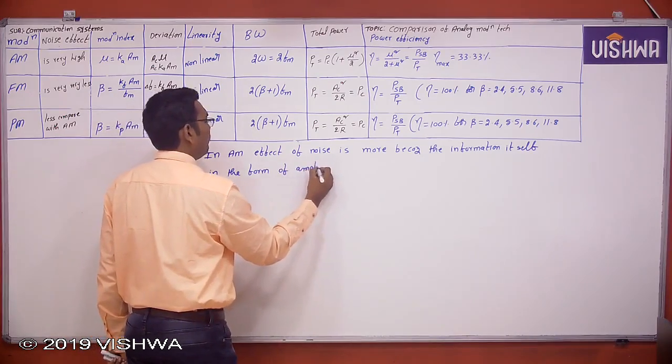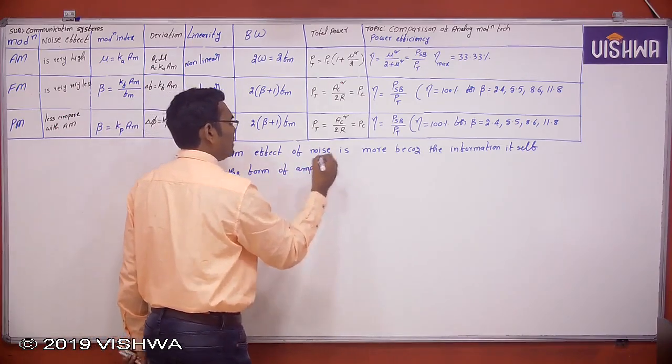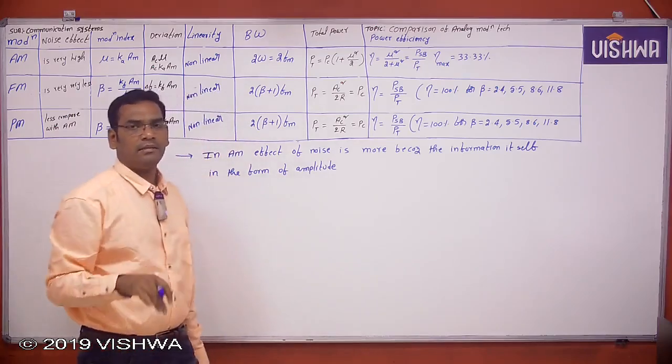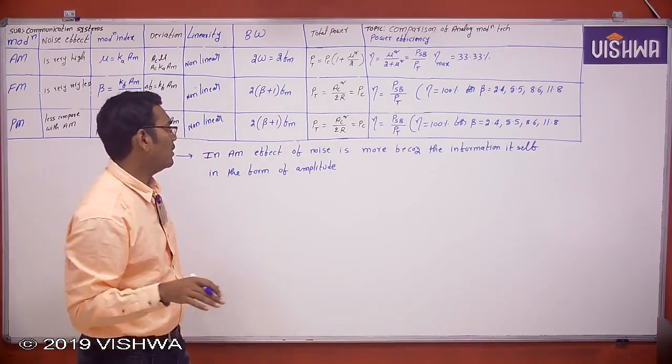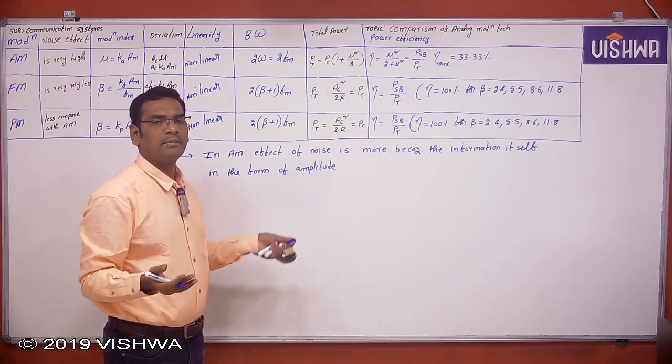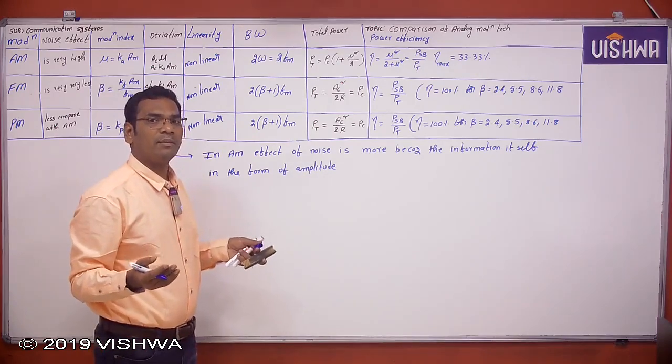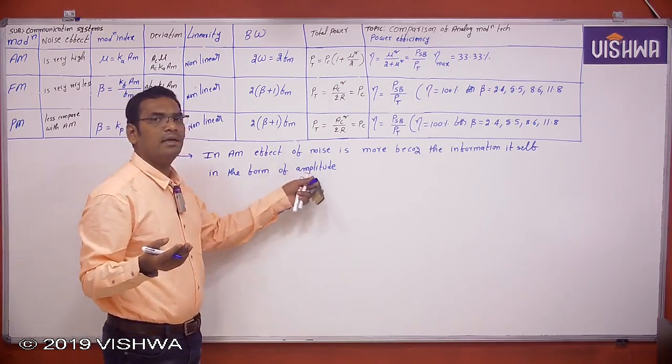If any unwanted signal is coming, first it will destroy the strength. Am I not right? First it will affect the strength. But what is the strength? The strength is nothing but amplitude. But where is your actual information? Your actual information is available in the amplitude.